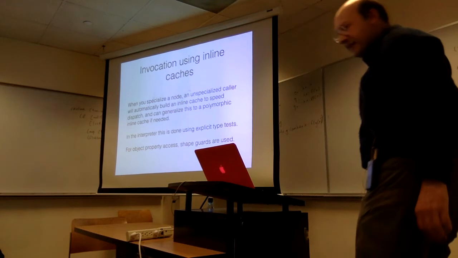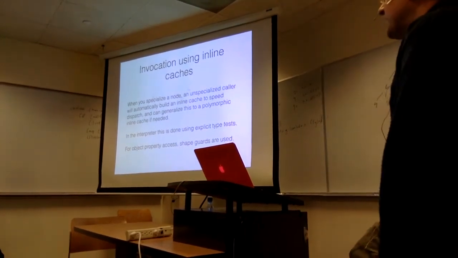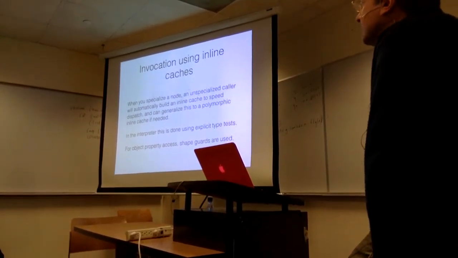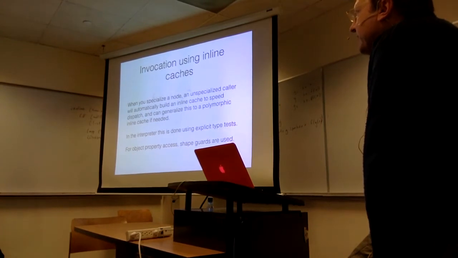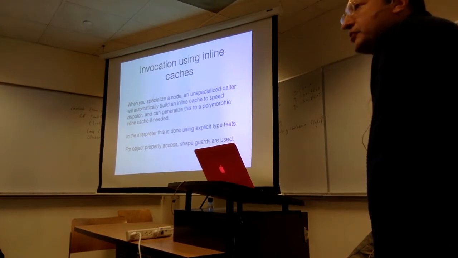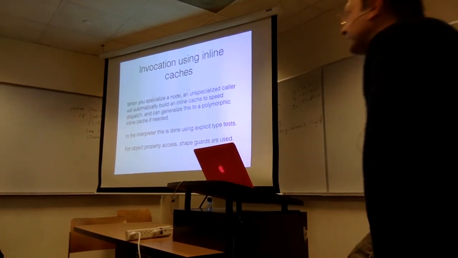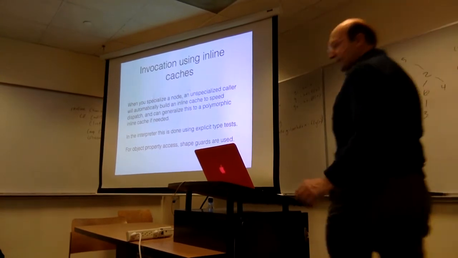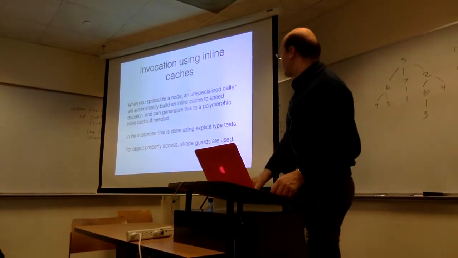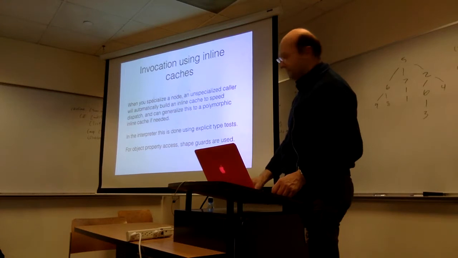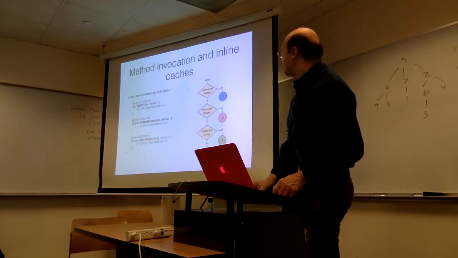So once you've got this, then to make it fast, you want to do inline caching. And Truffle provides a way of automatically building inline caches for you to speed up dispatch, and it automatically will generalize your inline cache to a polymorphic inline cache if needed. In the interpreter, you do stuff via type tests and specializations, and for object properties, you use shape guards.